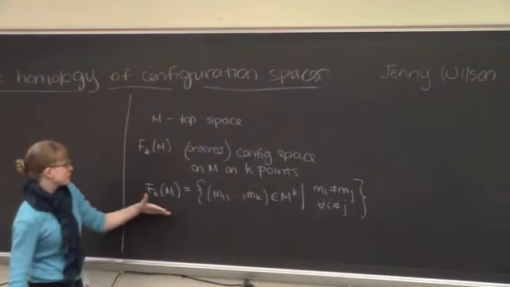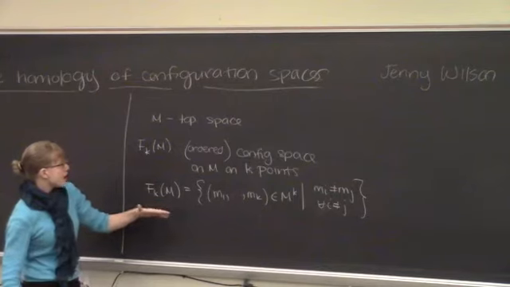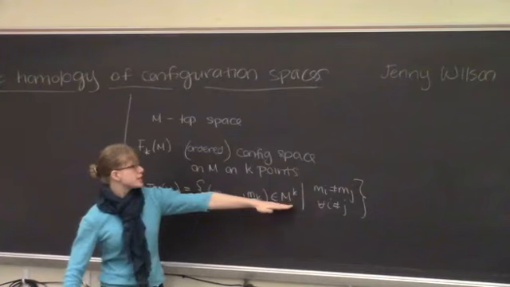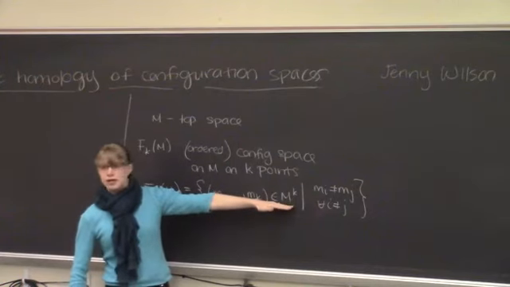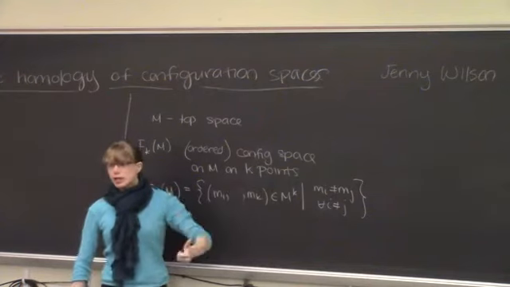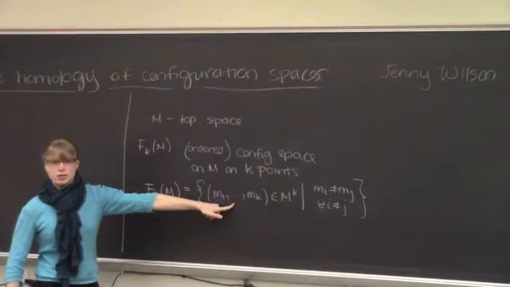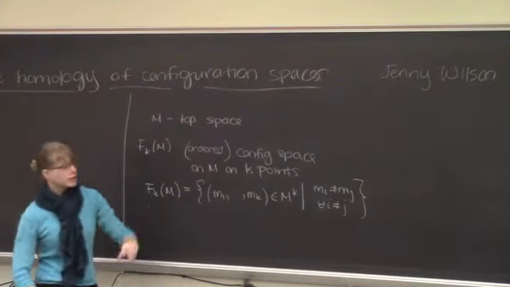You can view these spaces as the complement of a subspace arrangement. You can view it as taking the k-fold Cartesian product and then deleting all the subspaces you get associated to those points where two or more of the coordinates coincide.